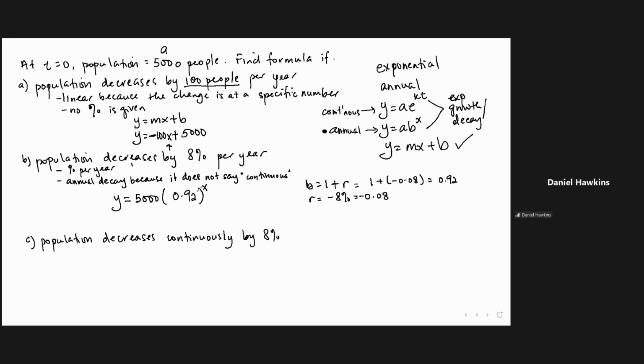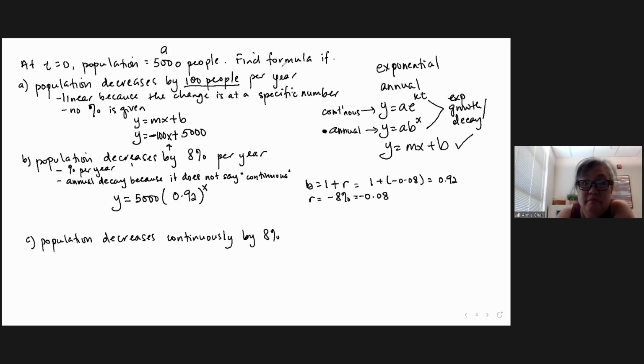But you can also put in 1 minus 0.08, right? No. You cannot. If you want to, you can do the calculation on the side. You can write here as y equals to a b to the x.